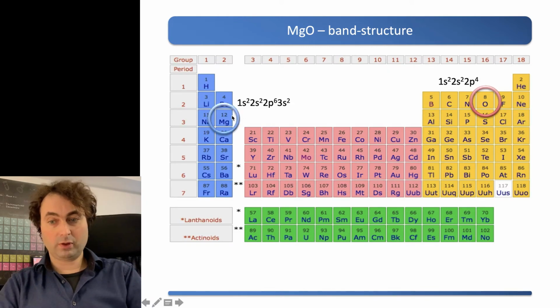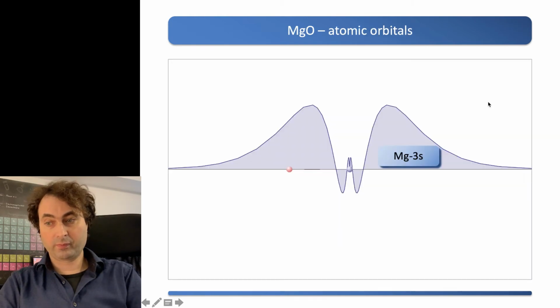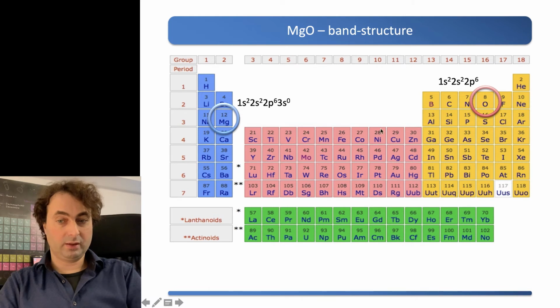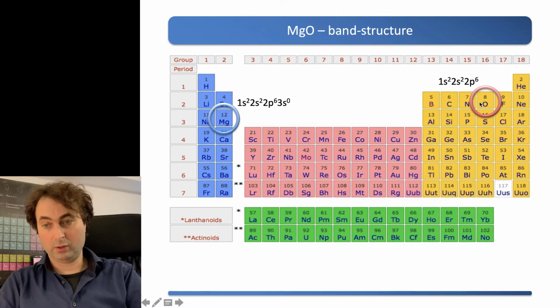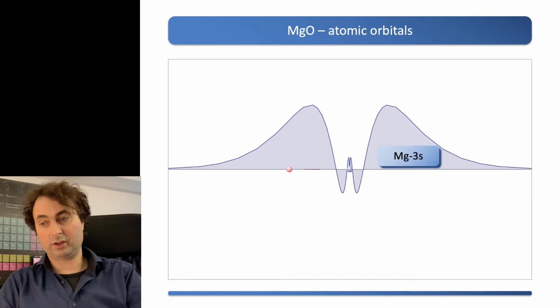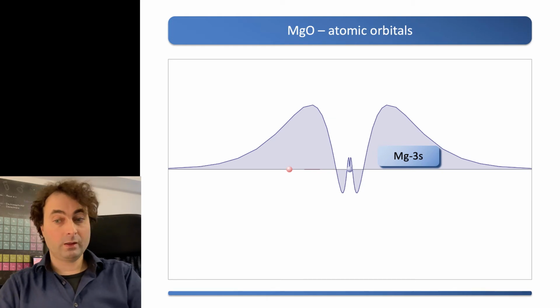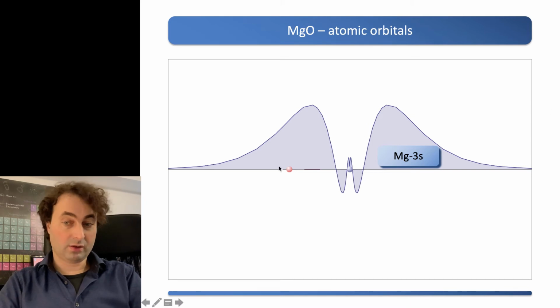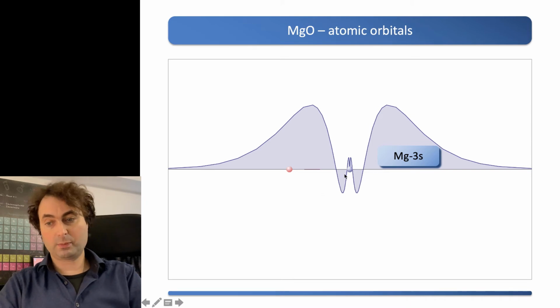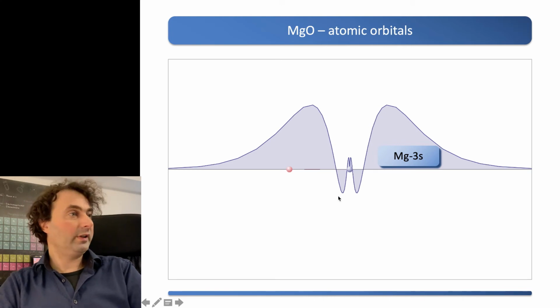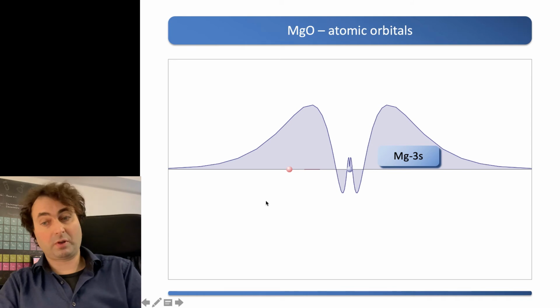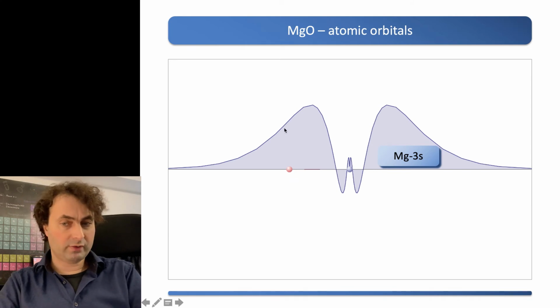So as we've seen before, we have our manganese atoms and our oxygen atoms, and we can look at the manganese 3s orbitals and the oxygen 2p orbitals to see if we can understand what our states are. Well, the manganese 3s is much bigger than the distance between the oxygen and the manganese atom, which is okay because this orbital is going to be empty, so it doesn't really matter if this is non-zero at the nucleus.